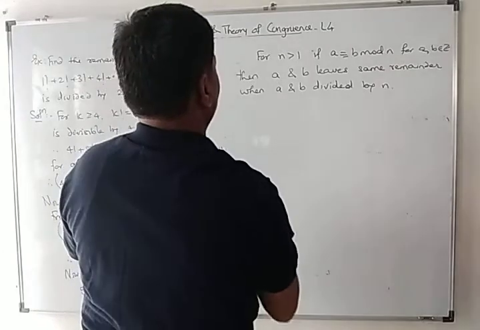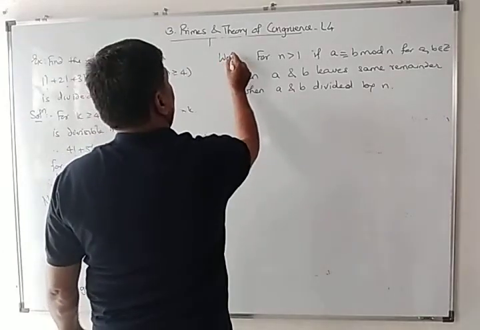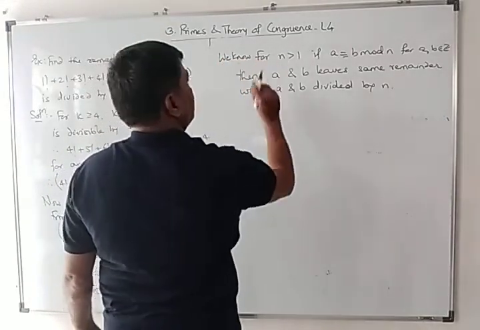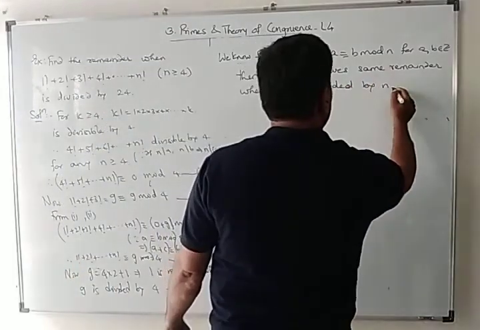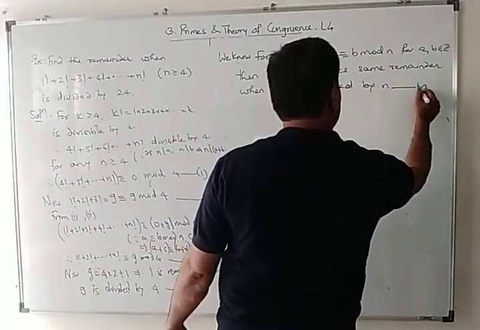We know for n greater than 1, if A is congruent to B mod n, this is your 5.